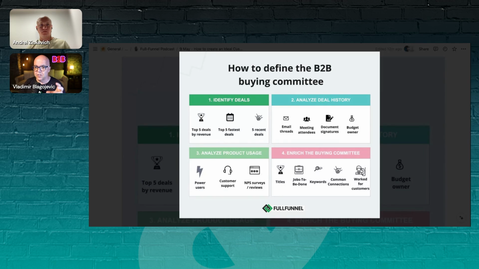So that's another thing to do, is to check with them who else was involved in the deal, who was asked for advice, who was attending the meetings or calls that might not be logged in the CRM system.